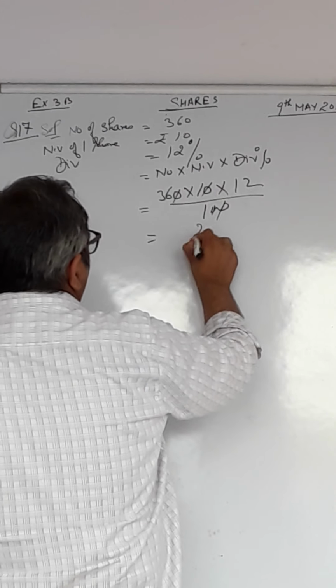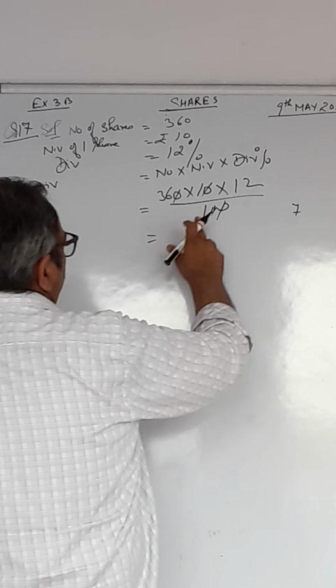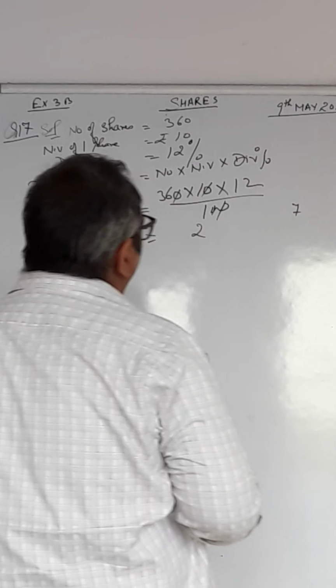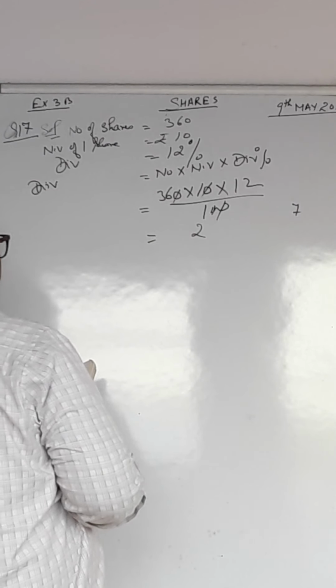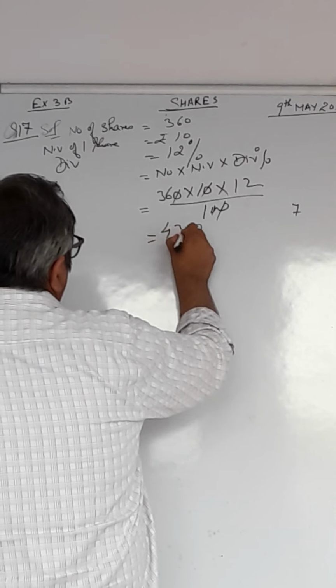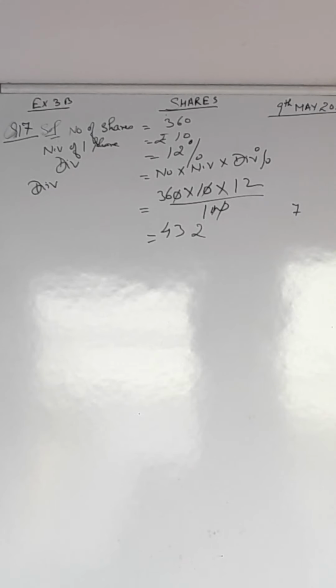Twelve sixes are 72, so 432. Check how much dividend you will get.